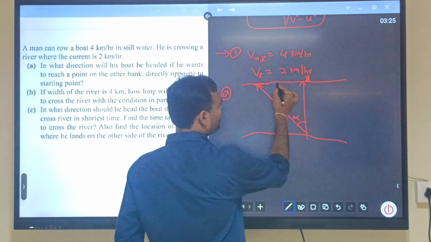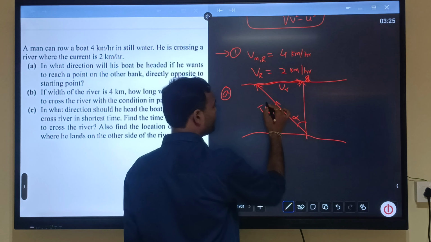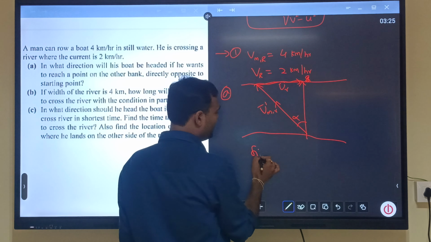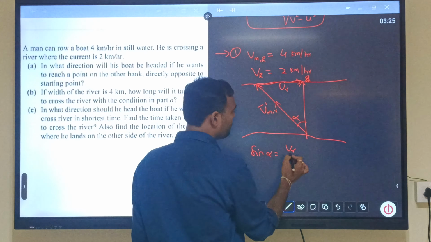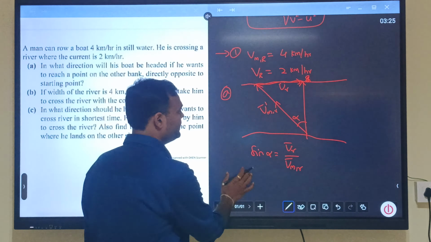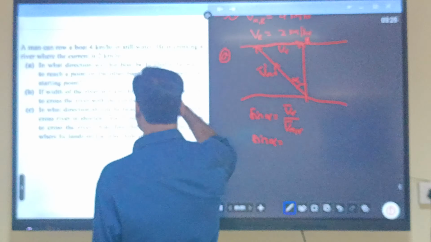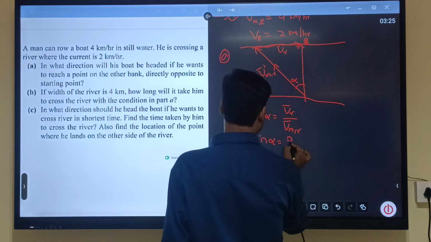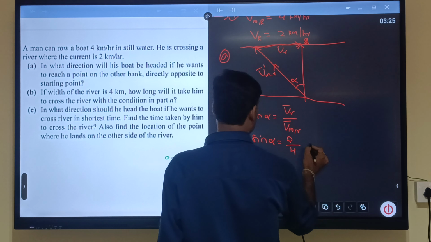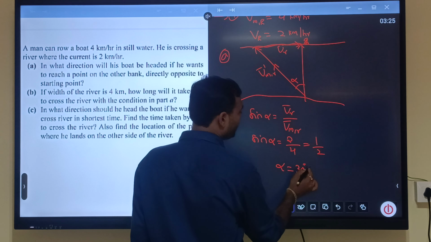Right. Now this is the river, this is the velocity of man with respect to river vector. So sine alpha is equal to opposite by hypotenuse. Then sine alpha is equal to velocity of river, 2, by velocity of man with respect to river, 4, which is equal to 1 by 2. Then alpha is equal to 30 degrees.